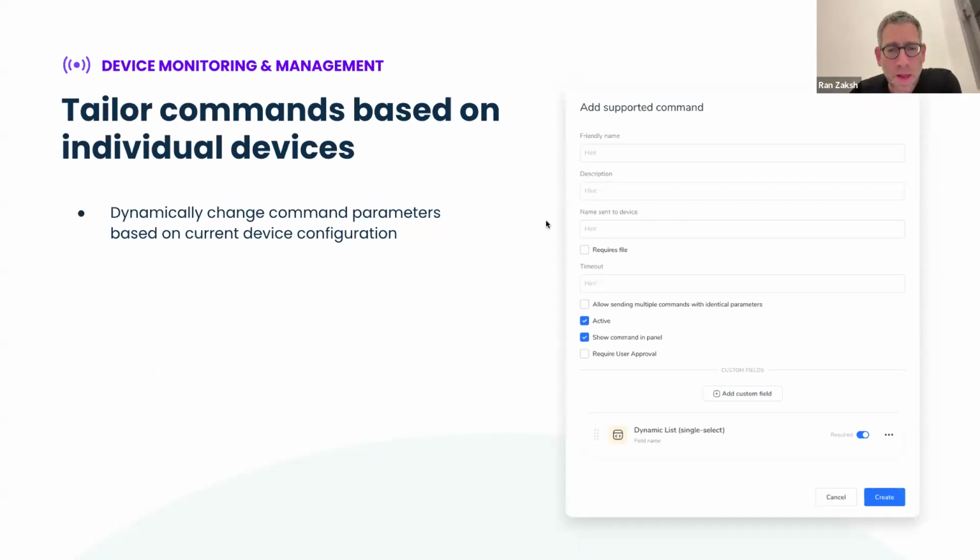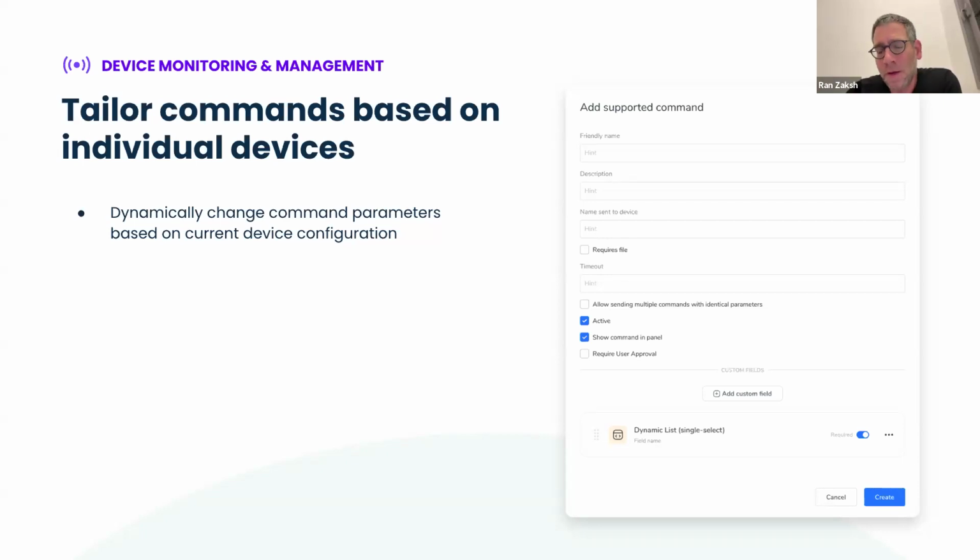Okay, thanks. Another feature that we have recently released, and we've been asked for some time by some of our customers, is the ability to tailor commands based on the individual devices, meaning the individual implementation and setup for that specific customer. So think, for example, about a device where you have a command that switches between different inputs. Typically you would have input 1, input 2, input 3, but that doesn't say a lot to the actual end user, because they know that input 1 is the CEO room and input 2 would be the boardroom.